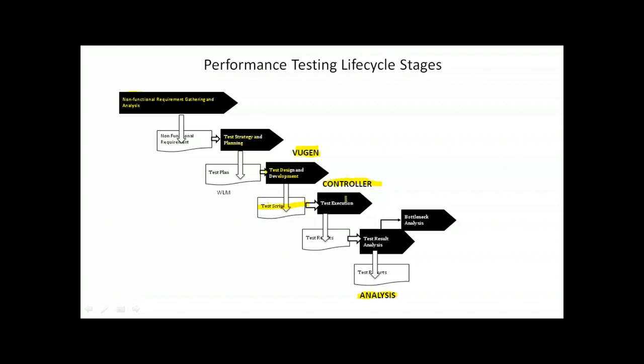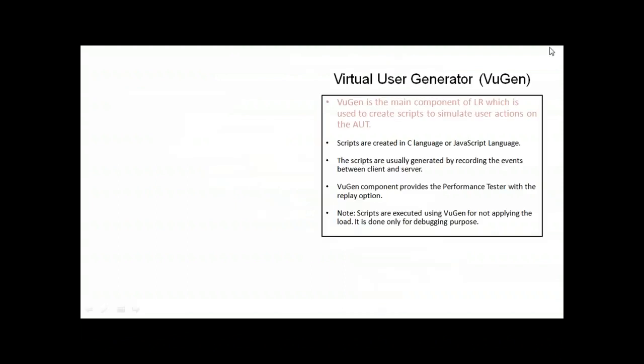For execution of the script, you use the controller. And for doing the analysis, you use analysis. So for each phase you have a component: virtual user generator, popularly called VueGen, controller, and analysis.